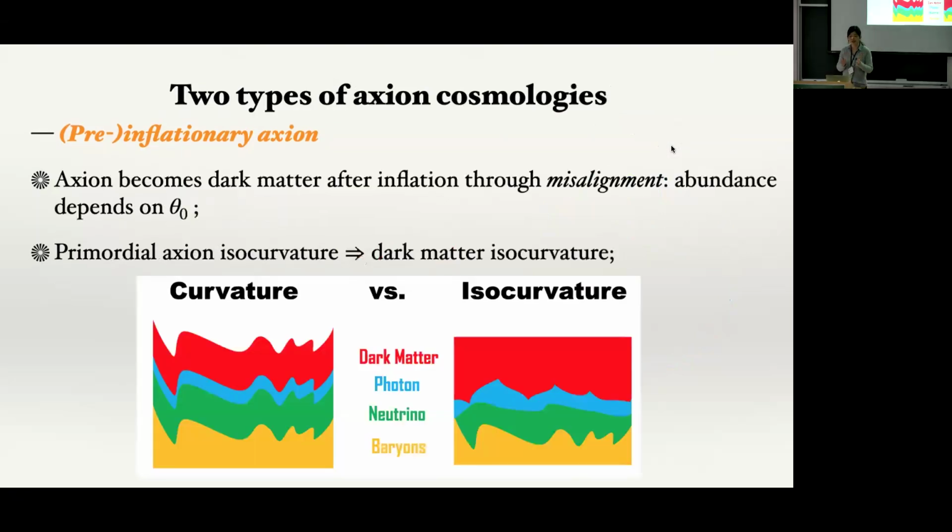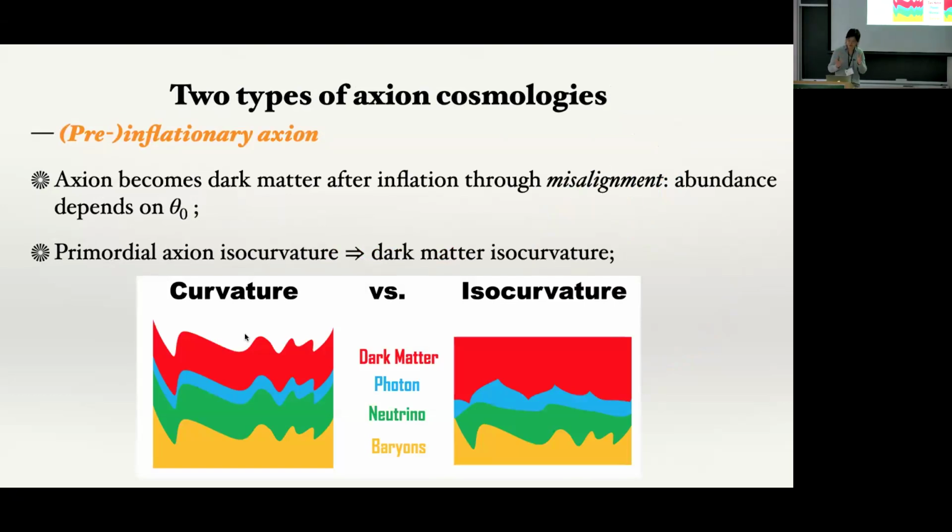Then the axion will become dark matter after inflation and reheating through the misalignment mechanism, which I just quickly reviewed. The abundance of axion dark matter depends on this initial misalignment angle, which is not unique. So the primordial axion isocurvature generated during inflation will turn into dark matter isocurvature.